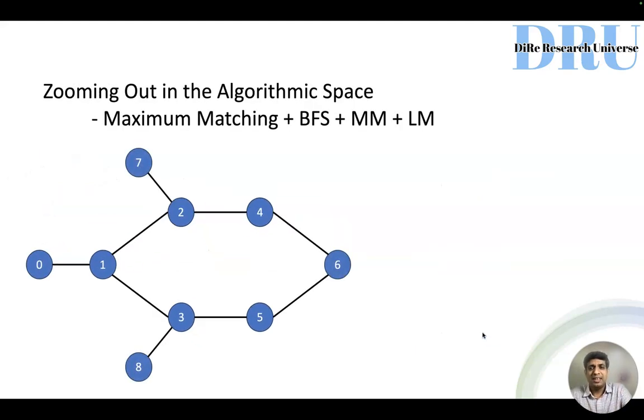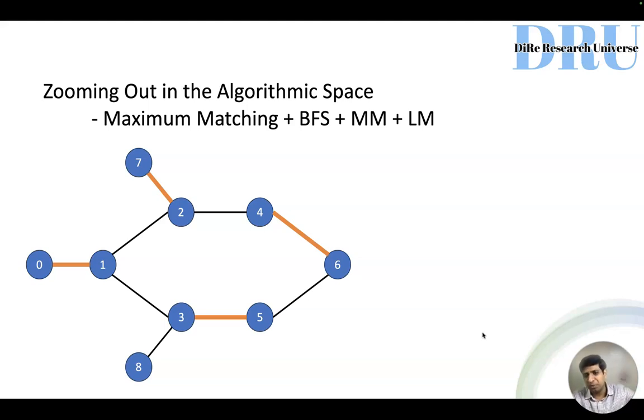And finally, we bring in maximum matching. We find the edges that are part of the maximum matching using the beautiful Blossom algorithm. And now after the BFS phase, which edge gets picked will also be determined in a very specific way, instead of that arbitrariness that we had previously.